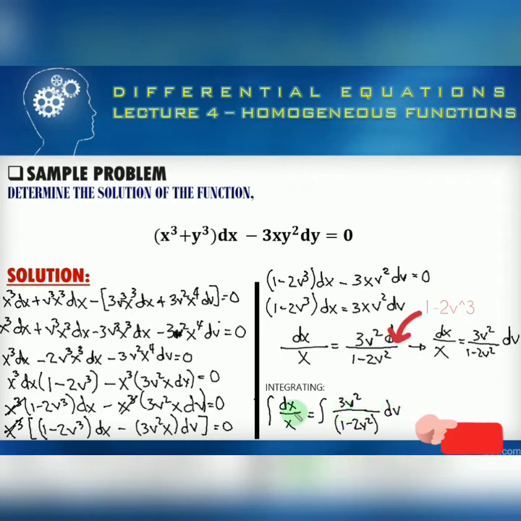So we are going to get the integral of this dx over x, and separately the integral of this quantity 3b squared over the quantity 1 minus 2b squared. Okay, so proceeding.